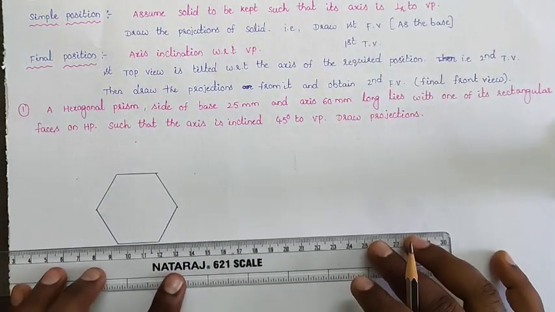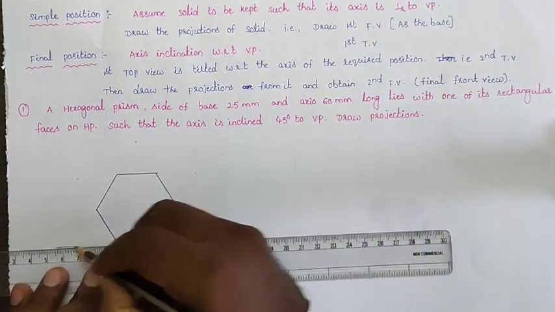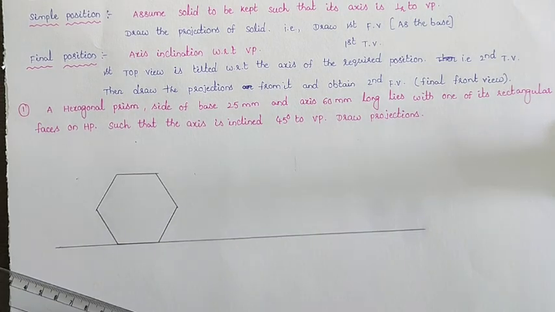After drawing the front view, we will draw the reference line here. When the rectangular face is on the HP, we get the front view as the base of our diagram. That means any side of the hexagon should be on the reference line, and we construct the hexagon.